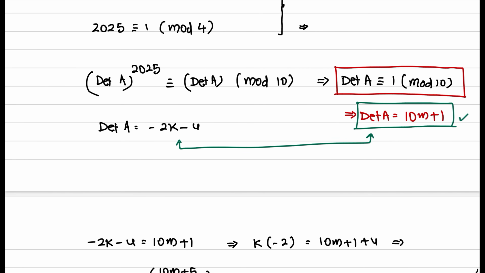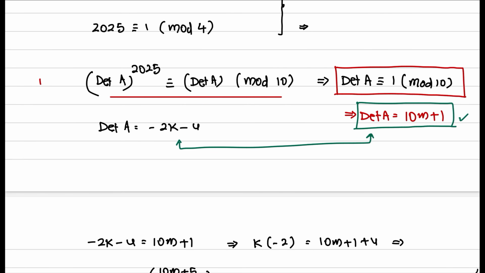From the understanding of this one, we got that determinant A is equal to 1 mod 10.